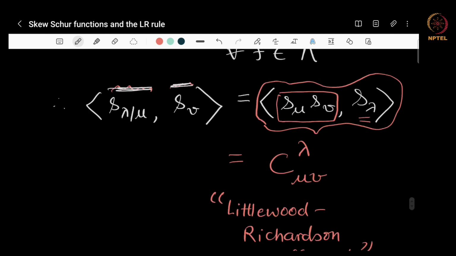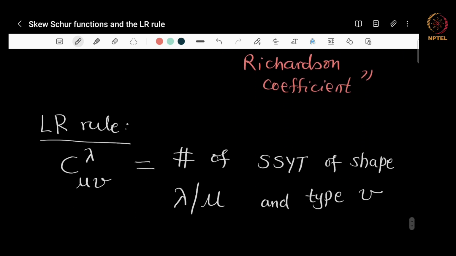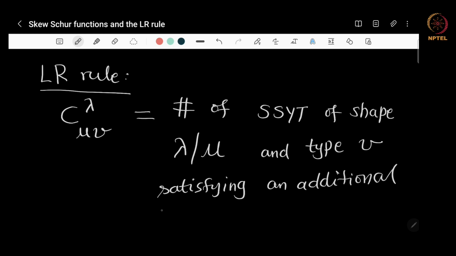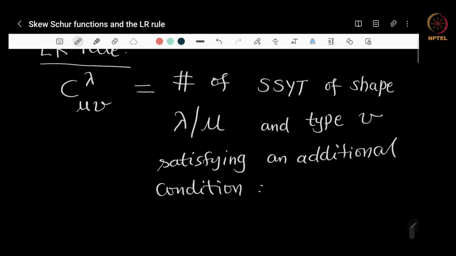But it's interesting that the rule, to a first approximation, has the same objects. It's the number of semi-standard tableaux of shape lambda minus mu and type mu, satisfying an additional condition. Okay. Now what is this additional condition?